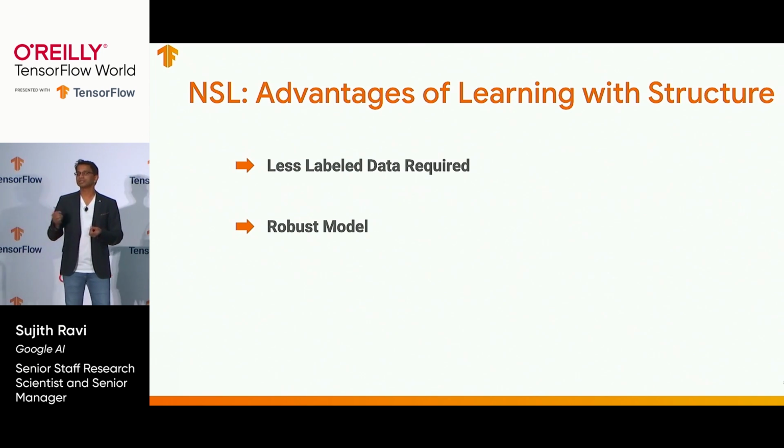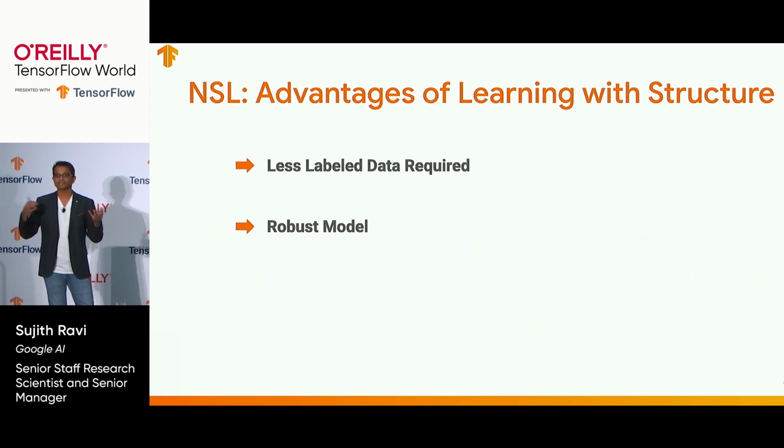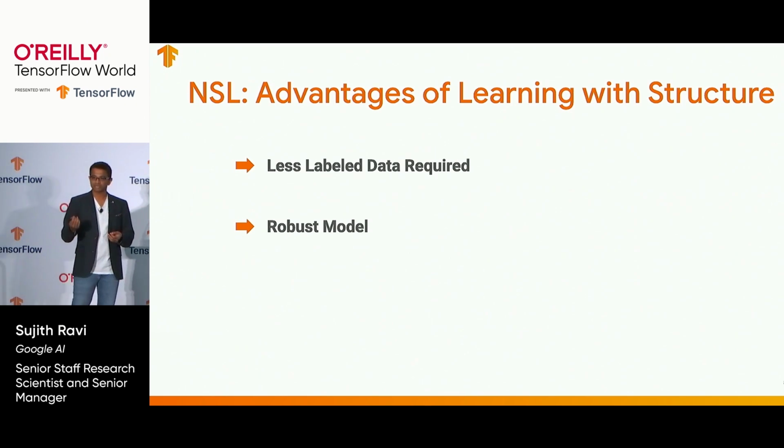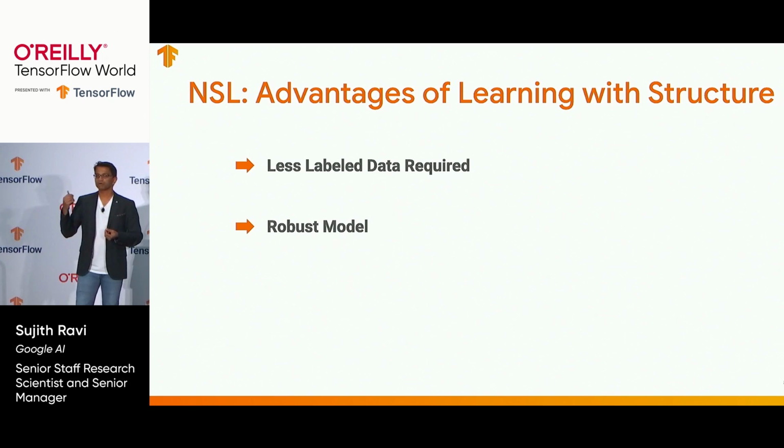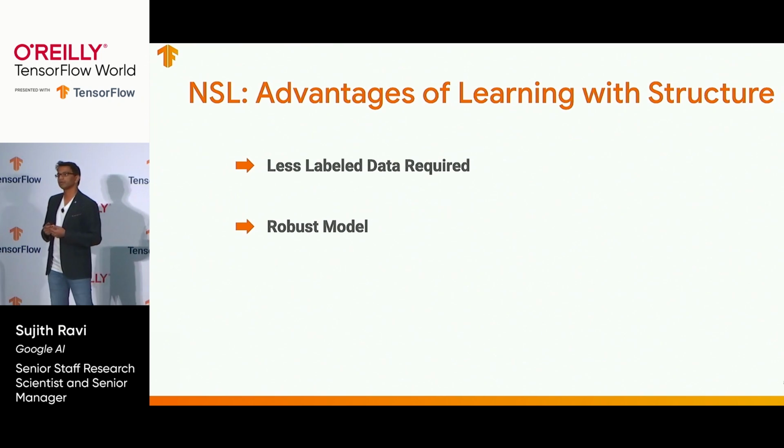For every application that you want to train, if you had to collect a lot of rich annotated data at scale for millions of examples, it's going to be a tedious task. Instead, if you're able to use a framework like neural structured learning that automatically captures the data structure and relationship, and with minimal supervision, you're able to train classifiers or prediction systems with the same accuracy, that would be a huge boon. Who wouldn't want that, right? That's one type of benefit.